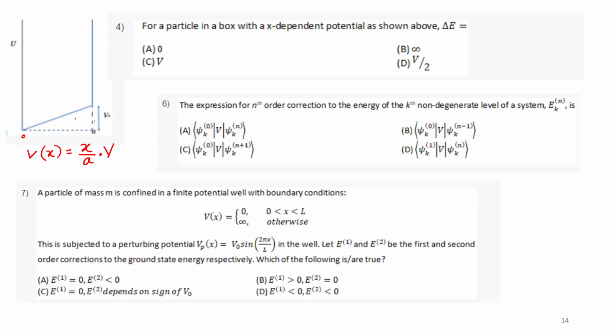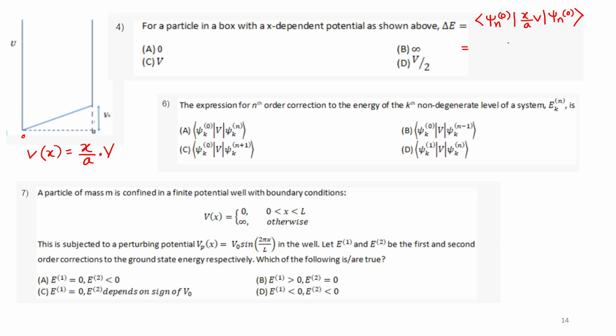So in that way I have written the expression for the potential, and now you have to put it in the expression with psi n zeroth. Now this is your potential, V x by a, and psi n zeroth. You know the expression for the wave function, right?